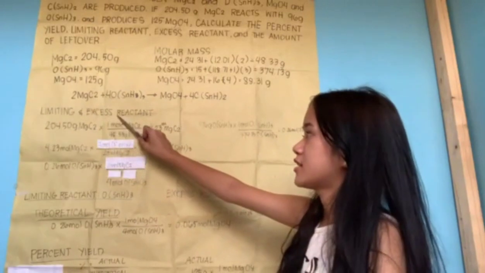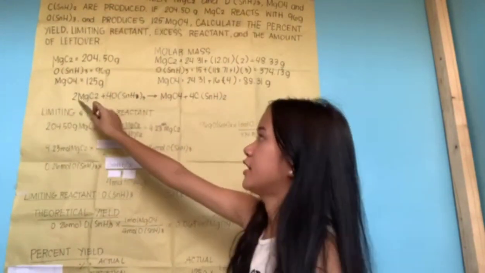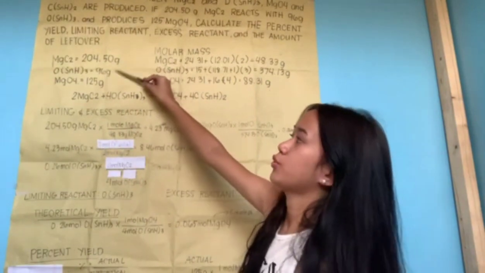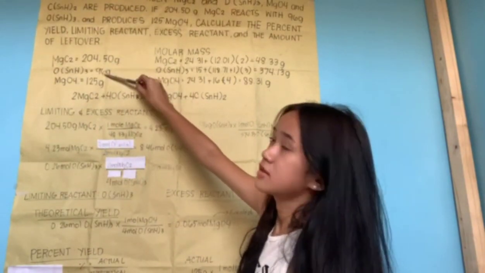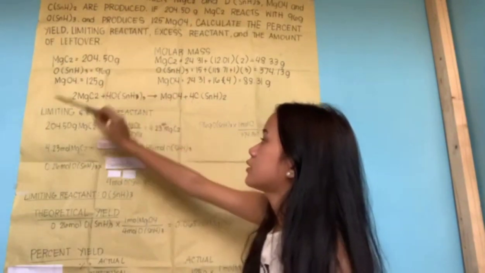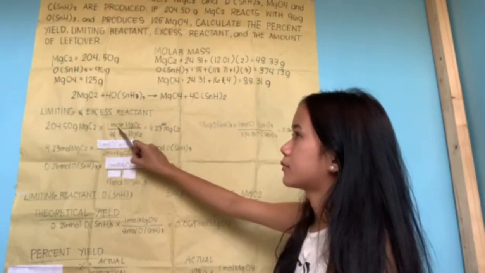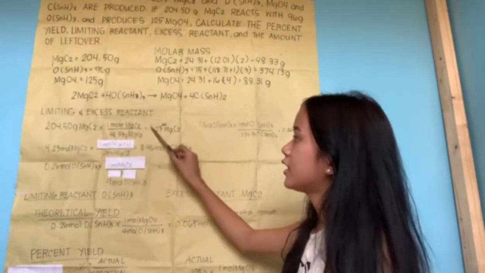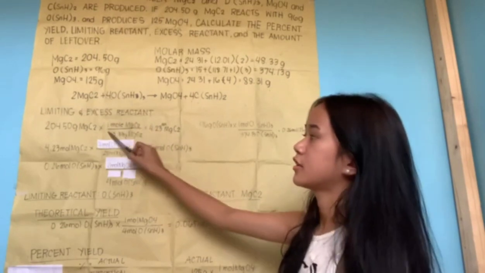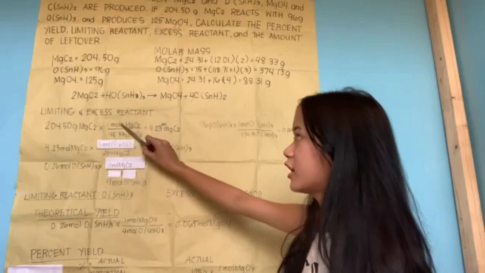And your excess reactant, which means we must focus on this reactant side. We focus on these 2 chemical symbols. First, we copy this 204.50 G times 1 mole. By the way, we need to calculate this first again to convert it from grams to mole.